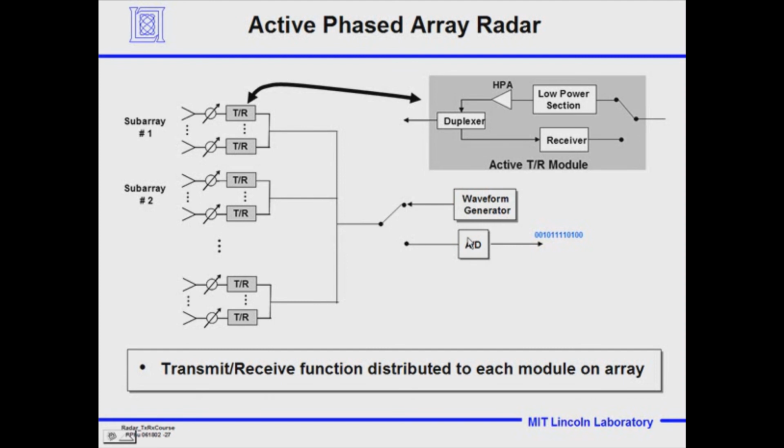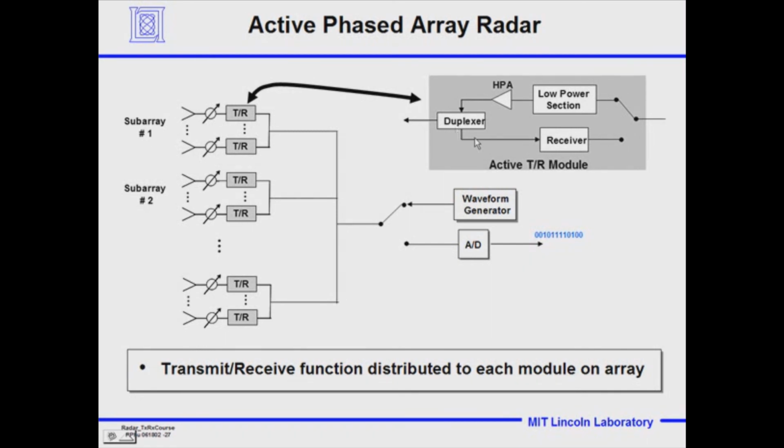Now notice what we do is we have a waveform generator, which will send low power signals out to the transmit receive module, which has a low power section and a high power amplifier, which generates high power, but not at all as high power as that big tube. Remember, these solid state modules generate tens or hundreds of watts of power per transmit receive module, and each one of the modules will have its own duplexer.